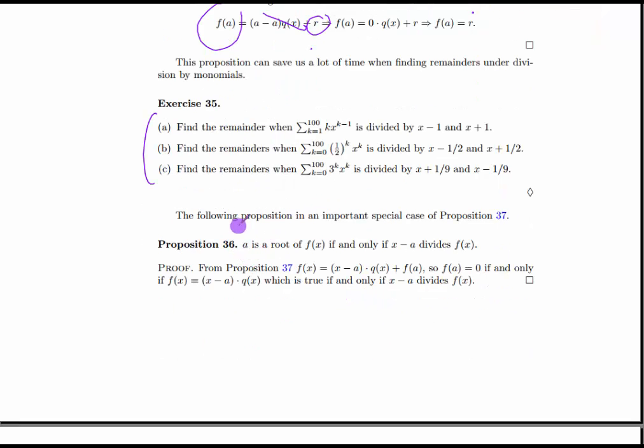Okay. Now, important special case: a is a root of f of x if and only if x minus a divides f. Okay? Proof, we do the same expression. So f of a equals 0 if and only if f of x is equal to x minus a times q of x.